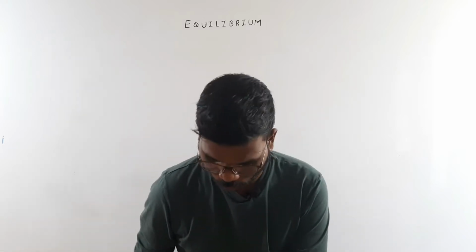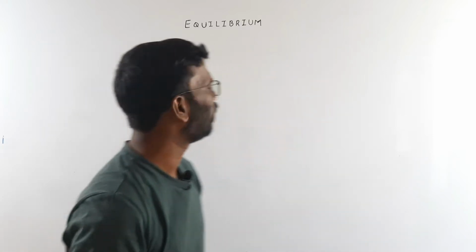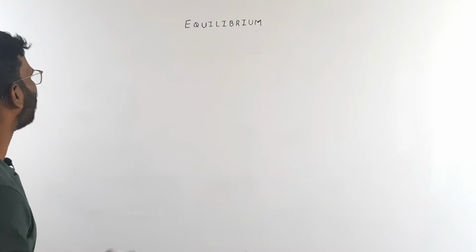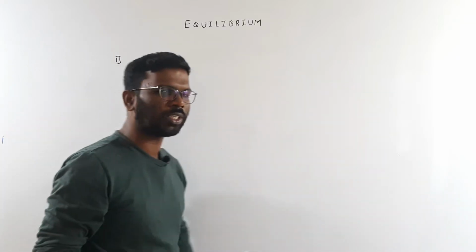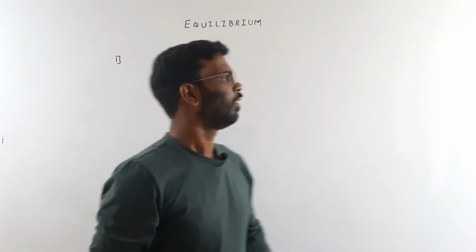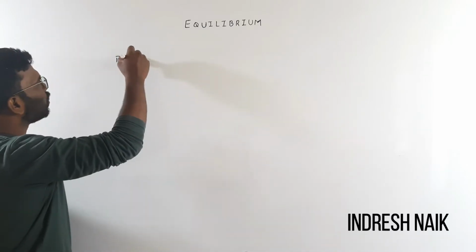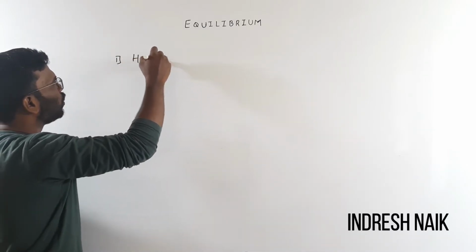There are two types of equilibria: homogeneous equilibria and heterogeneous equilibria. I will give you one simple example of the homogeneous equilibria and define it.